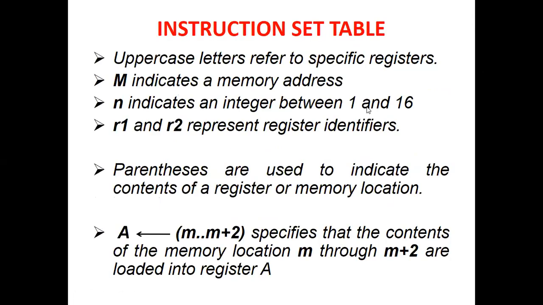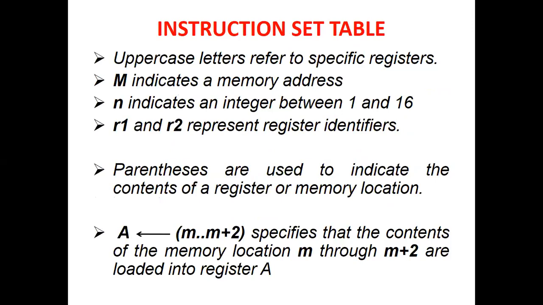Now the instruction set. Usually when they give you the instruction set, you will find that some characters are given in uppercase, while others are in lowercase. When you find a character M, that means you are talking about a memory address.